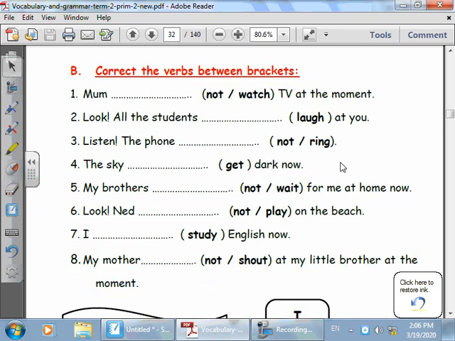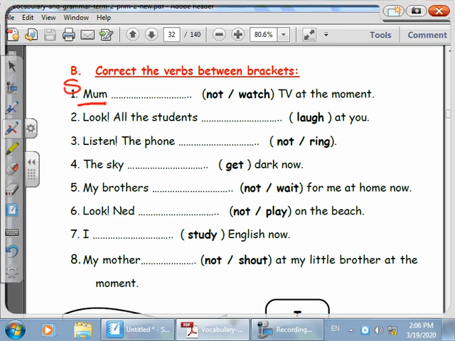Here, correct the verb between the brackets. How to correct the verb? Mom not watch TV at the moment. Mom means she, and she is a friend of is. So, mom is what? I have not here. Mom is not watching TV at the moment. Very well.